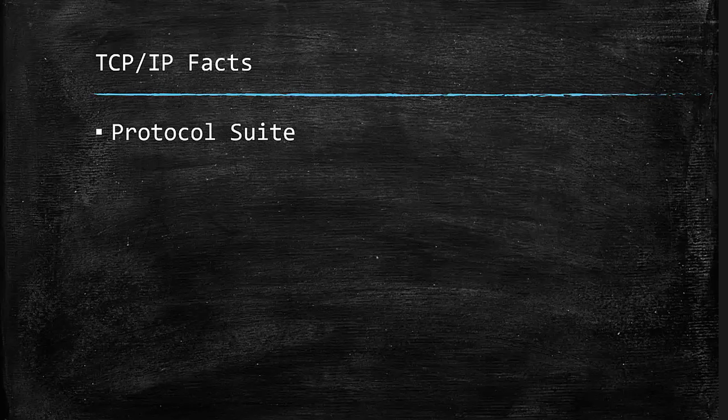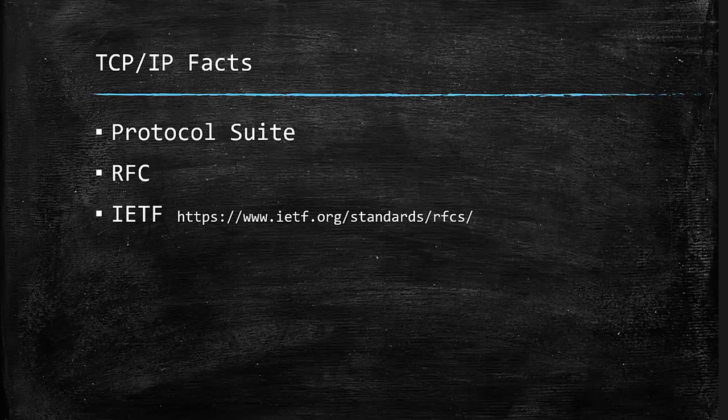First of all, TCP/IP is a protocol suite, as we mentioned before, and it includes lots of protocols. These protocols are defined in different RFCs, or request for comments. RFCs are basically detailed documents about different protocols, and you can find them on IETF's website at this address.